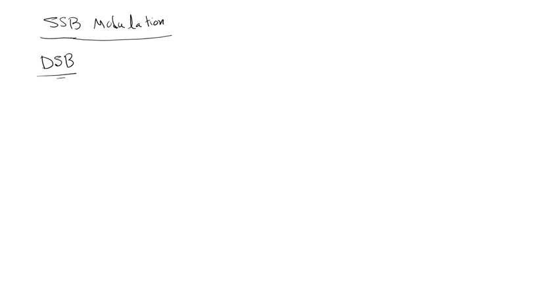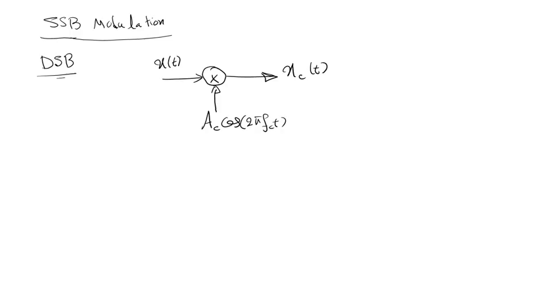For DSB modulation, you have message signal x(t) multiplied by carrier A_c cos(2π f_c t). This is the transmitted signal for DSB modulation: x_c(t) = A_c x(t) cos(2π f_c t).